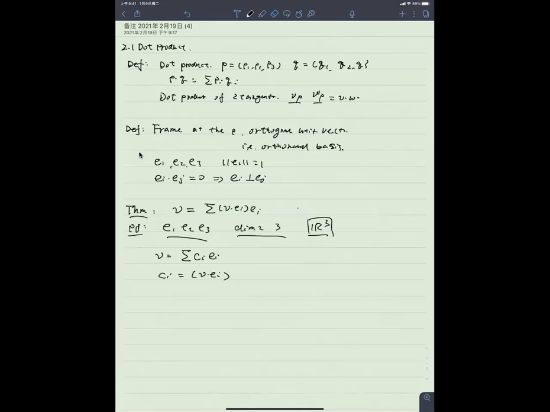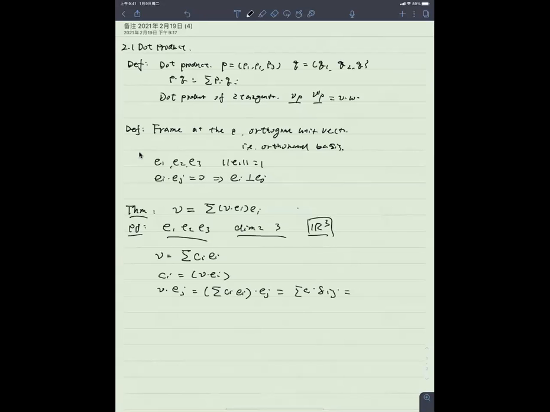How to prove this? We can use the fact that Ei dot Ej equals the canonical delta of ij.